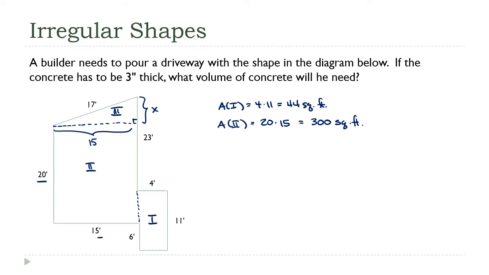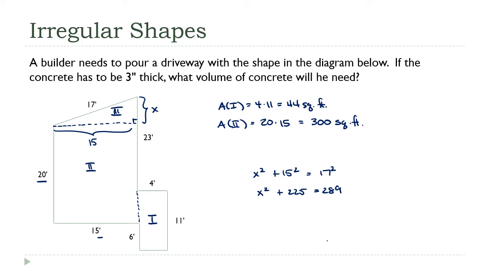All right, I got a right triangle, right? So I'm thinking Pythagorean theorem: x squared plus 15 squared equals 17 squared. All right, 15 squared, that's 225. So x squared plus 225 equals 17 squared. That's 289.